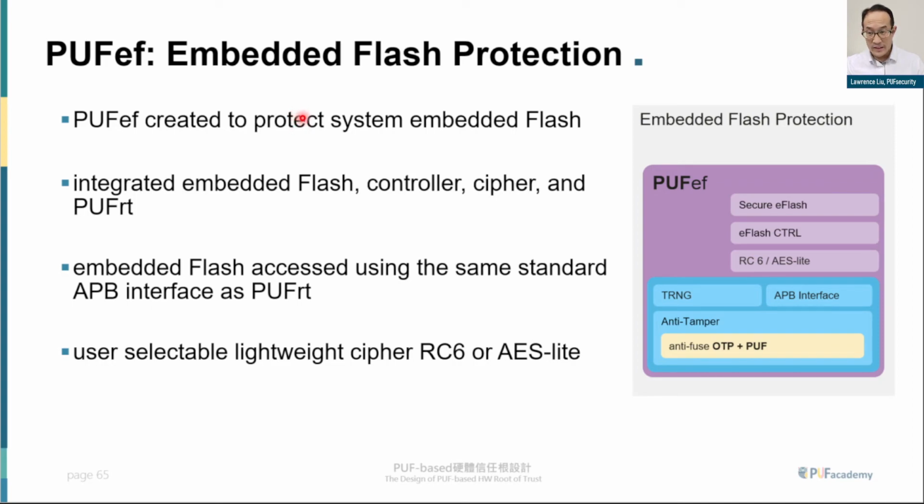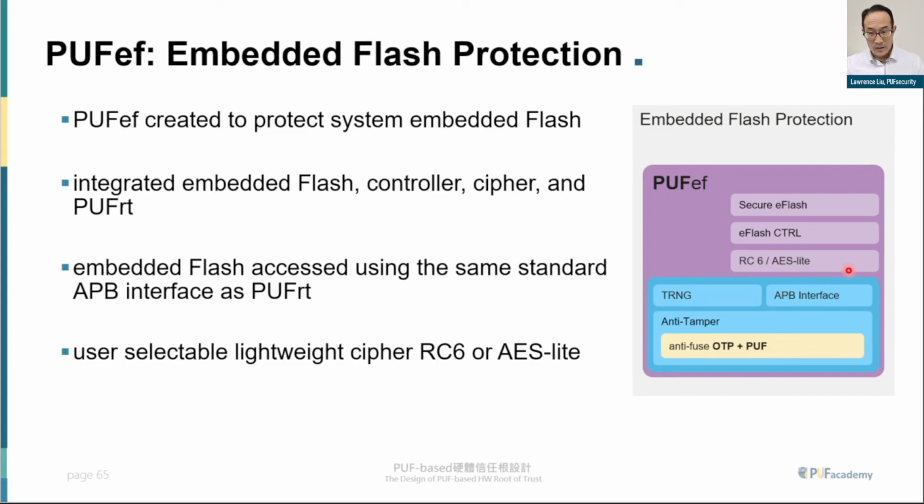PUFef integrates a secure embedded flash, an eFlash controller, and a lightweight cipher, along with PUFrt. And this extends the protections of PUFrt to cover the embedded flash. This allows the embedded flash to be accessible with the same APB interface that the OTP, PUF, and TRNG that PUFrt uses.